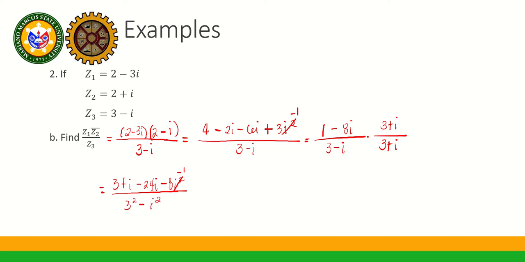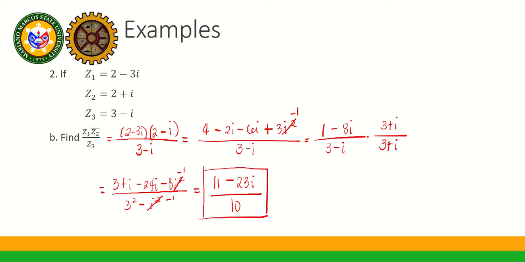Okay, right? And this is negative 1. So this will be equal to 3, negative times negative will be positive, so 3 plus 8, that is 11. And then i minus 24i, that is negative 23i over 3 squared plus 1, that is 10. So this is our final answer for example letter B.